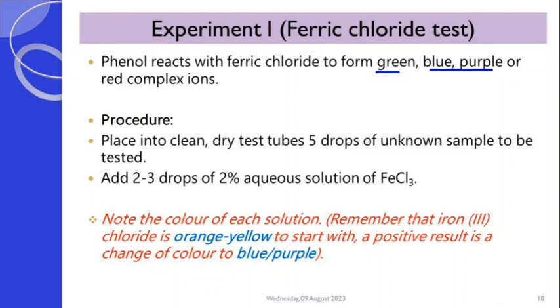Let us look at this short procedure. With your sample, you place it in a clean, dry test tube, after which you add about 2 to 3 drops of your iron 3 chloride, that is the 2% aqueous solution of iron 3 chloride.